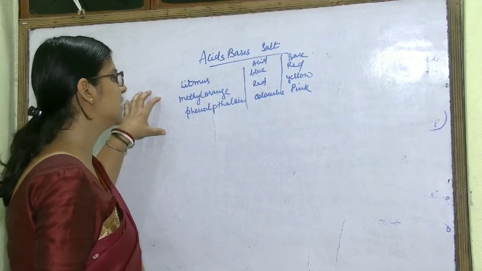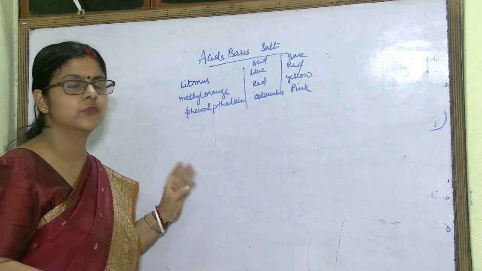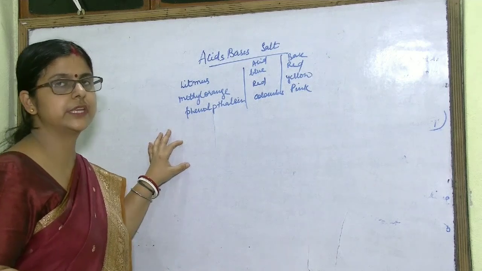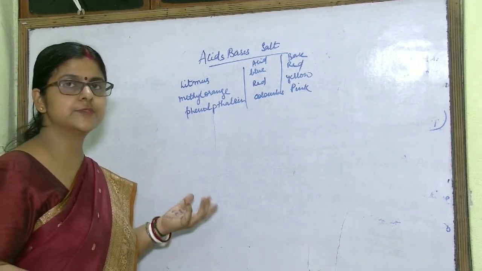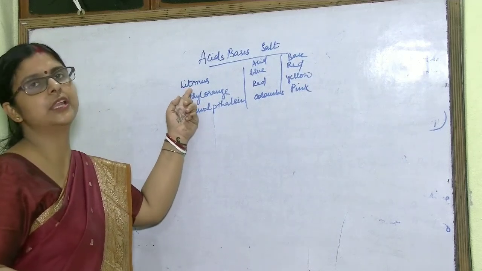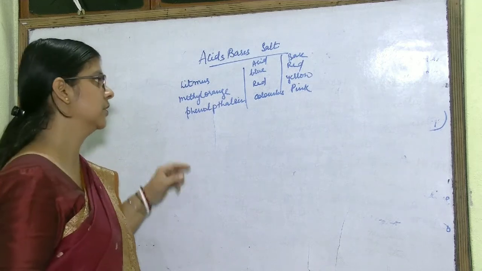Now we'll discuss some of the indicators which are used to test whether the species is acid or not. You have studied in your junior classes also about litmus paper or litmus solution.